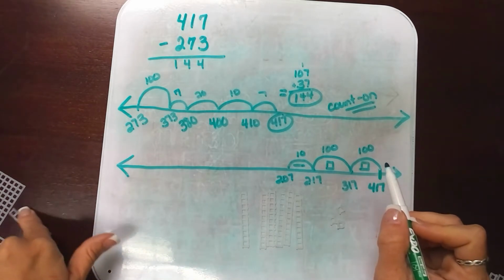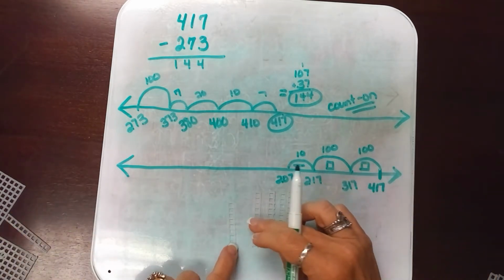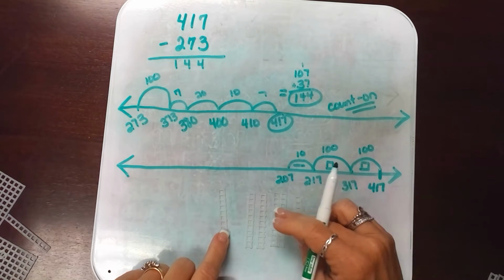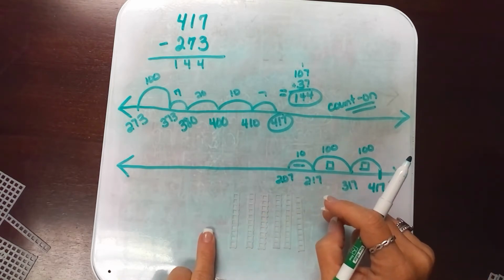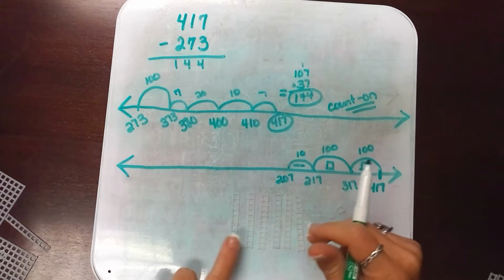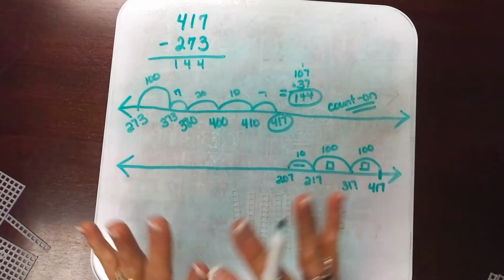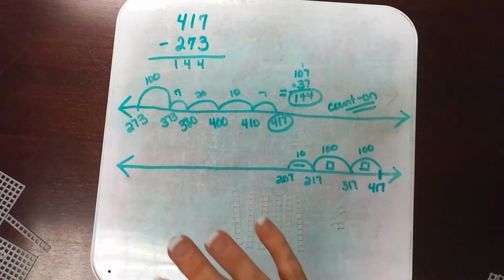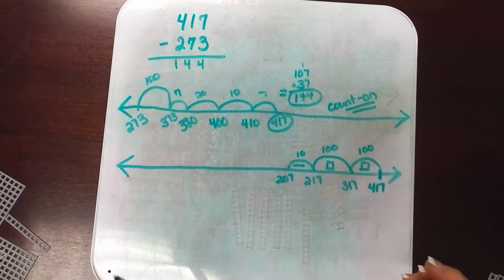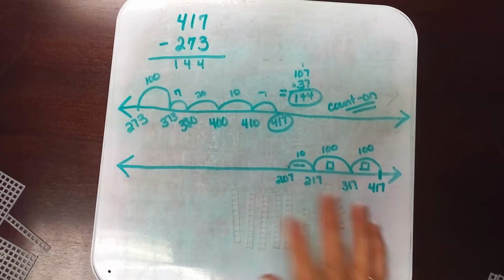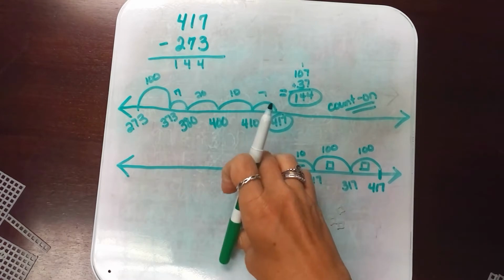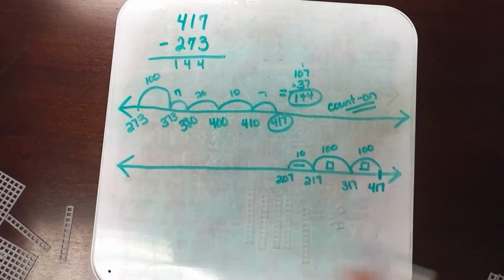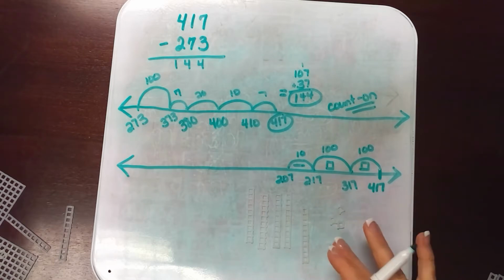And right here, I would talk to the kids about, well, I want to take away 7. I can do that. Or I can go ahead and take away another 10. Remember, it's however the students need to do it. But if I'm first learning, I'm like, you know what? I don't know if I take away another 10, it's hard for me to say that's going to be 197. So I'm going to take one of these 10s and I'm going to break it up into 1s because I want to get to a more friendly number.